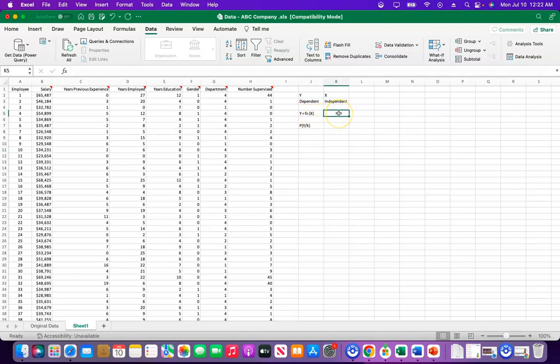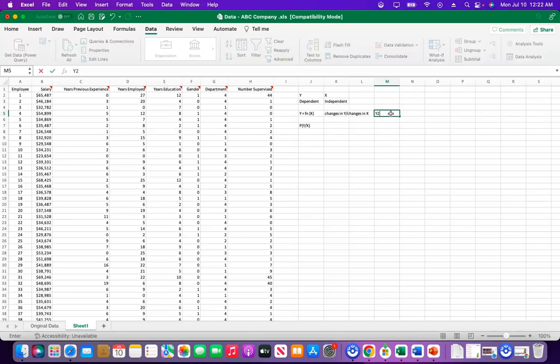In this case, we are looking at the changes in y as a result of changes in x. So if x changes per unit, by how much does y change? And so we'll look at that change in y.